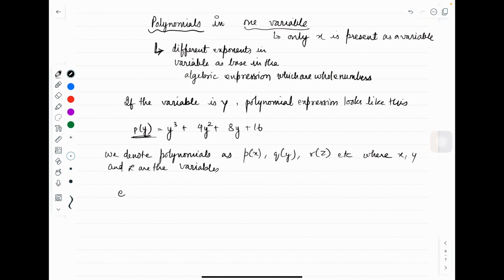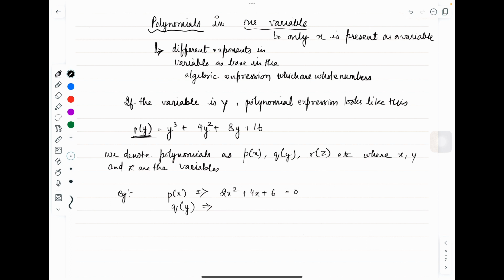Example: p(x) equals 2x square plus 4x plus 6. Understood? This is p(x). If I am writing q(y), you can write p(y) also, there is no harm in that.